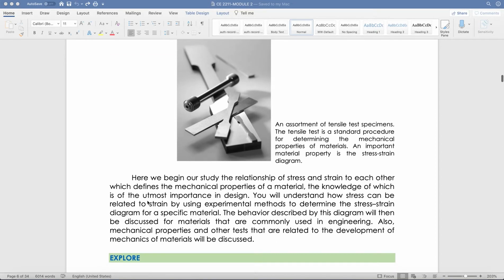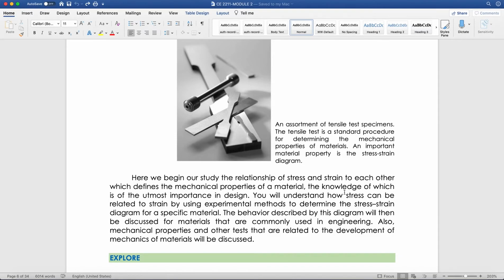Okay. So here we begin our study of the relationship of stress and strain to each other, which defines the mechanical property of a material, the knowledge of which is of the utmost importance in design. Later on we will be discussing why it is very important for us to determine the tensile strength of the material with respect to the stress-strain diagram.